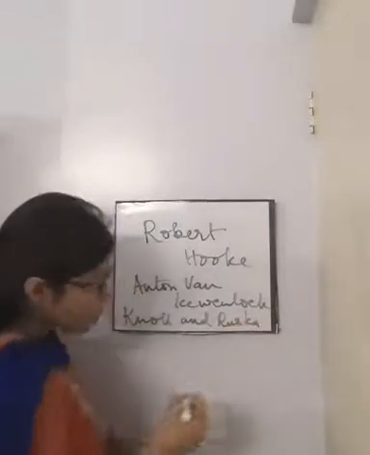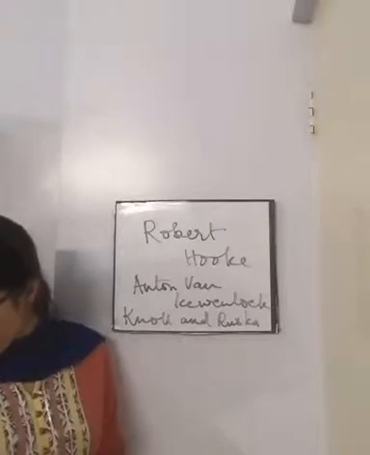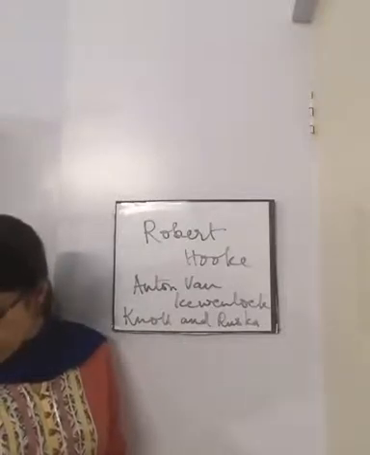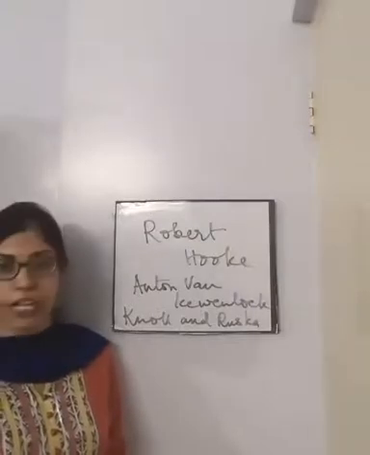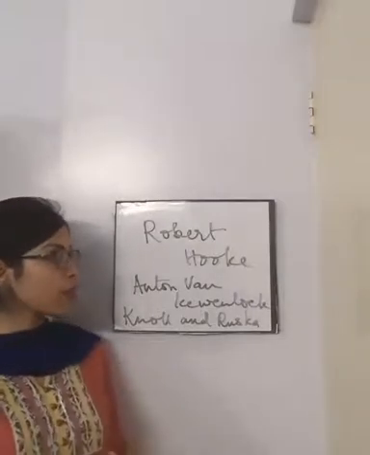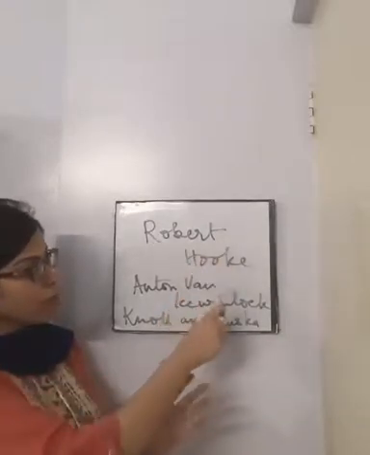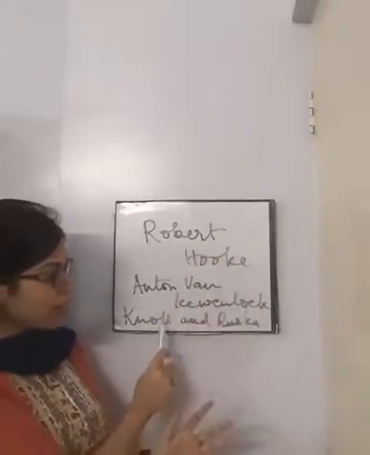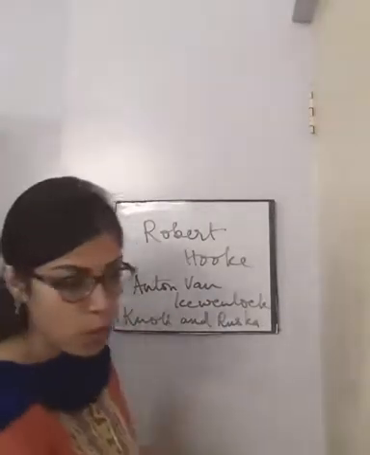What did Knoll and Ruska do? They manufactured the electron microscope and observed plant and animal cells from the tissue section. So what is an electron microscope? Hooke made the compound microscope, Leeuwenhoek made the simple microscope, and Knoll and Ruska made the electron microscope. Now there are two types of microscopes.